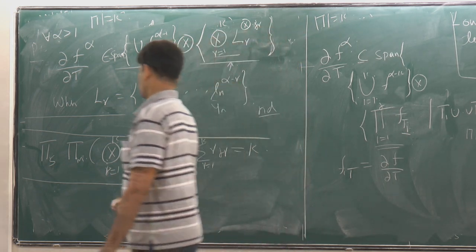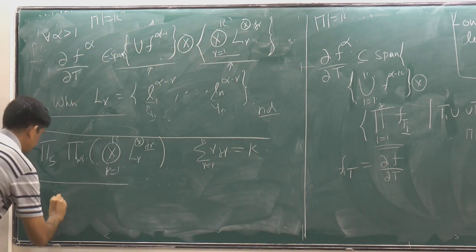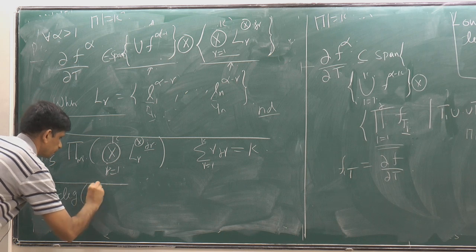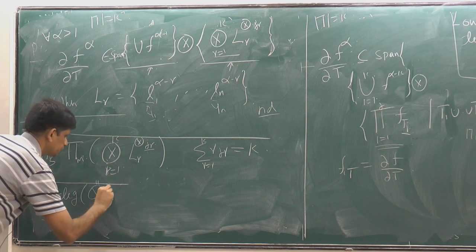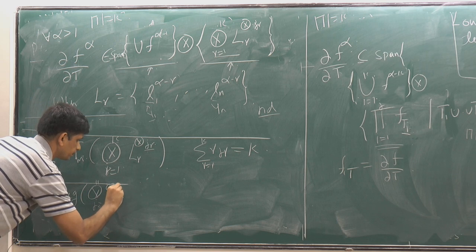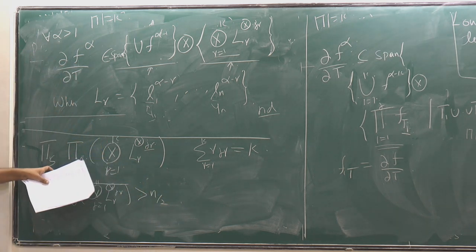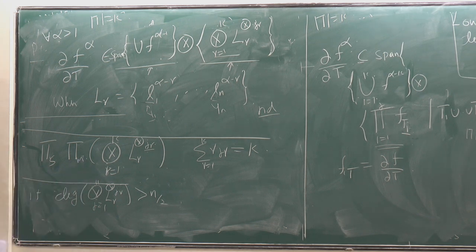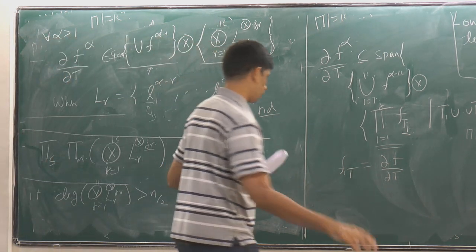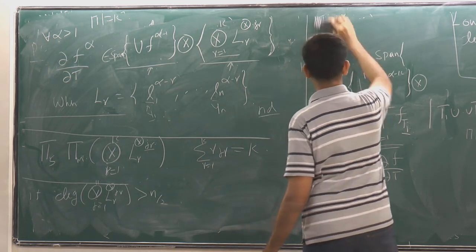If the degree of this product is greater than n by 2, then the projection kills it right away, because the support of the monomials will also be at least n by 2.